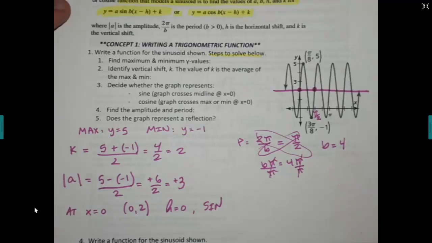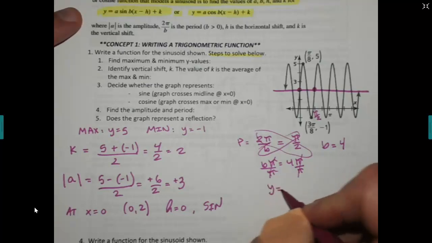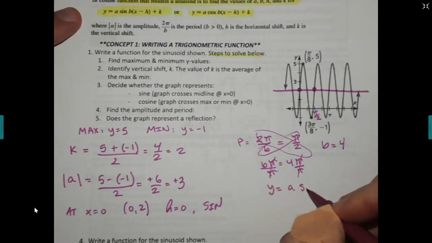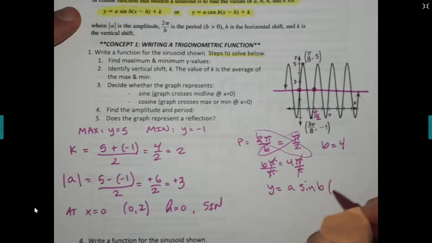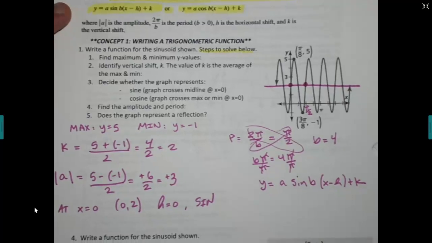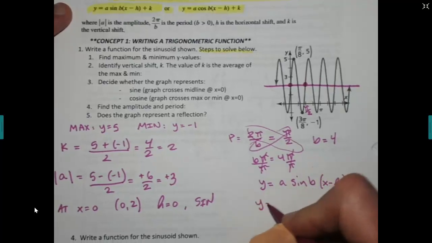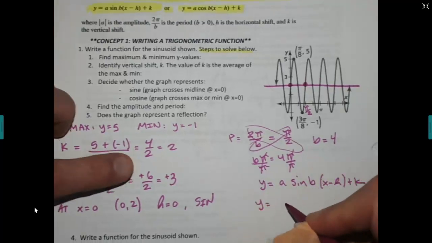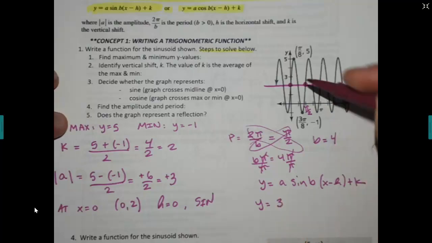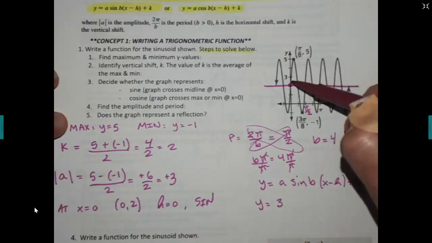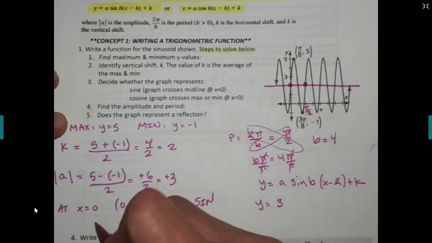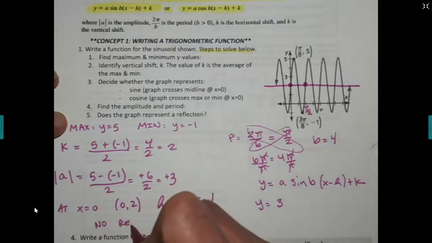I got everything I really need, so I'm going to use this formula: y equals a sine b of the quantity x minus h, plus k. And now I'm just going to plug everything in. y equals a, which is 3. And it is positive 3 because, again, I have no reflection since I'm going up, right? So no reflection here.